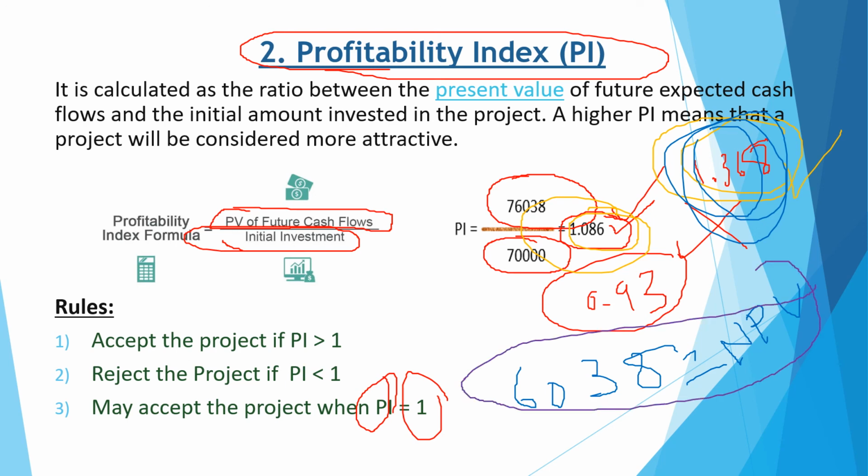And what was the rule? The rule was when the NPV is greater than 0, the project is acceptable. So we accepted that project. And suppose there was another project that amounted to 8,000. Suppose we saw that it was $8,000.